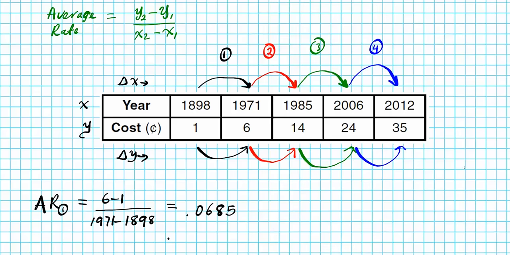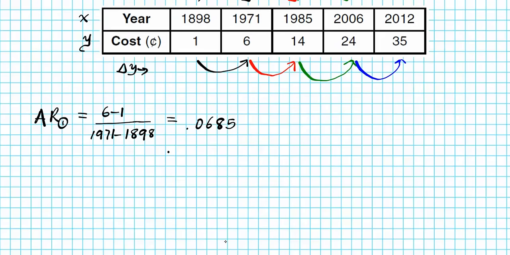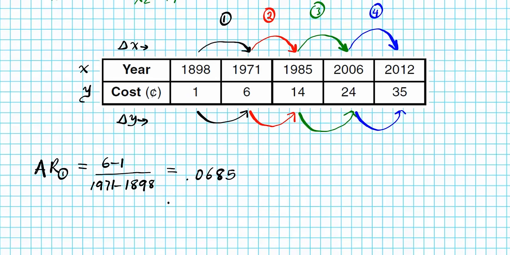All right, so let's go ahead and do the next one. We're going to compute the average rate of change on interval 2. So average rate on interval 2 will be y2 minus y1 divided by x2, 1985, minus x1, 1971.